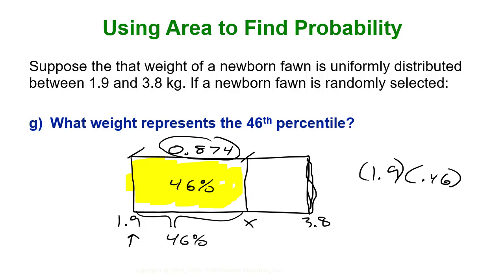So we found that this base here was a distance of 0.874. And if we add that distance to 1.9, we get the actual x value of 2.774. So if a newborn fawn comes out weighing 2.774 kilograms, that fawn would be in the 46th percentile of newborn fawn weights.